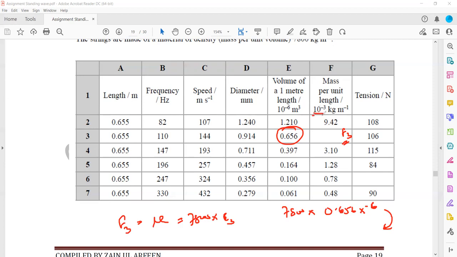Our final answer should be 10 power minus 3. So 7,800 multiplied by 0.656 exponent minus 6 gives 5.12 into 10 power negative 3. The minus 3 exponent is already there, so we don't have to write it. We just write 5.12.